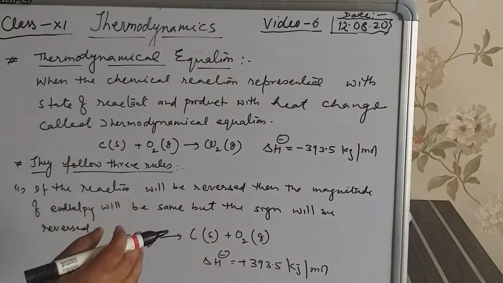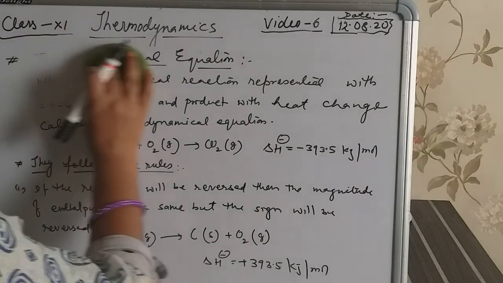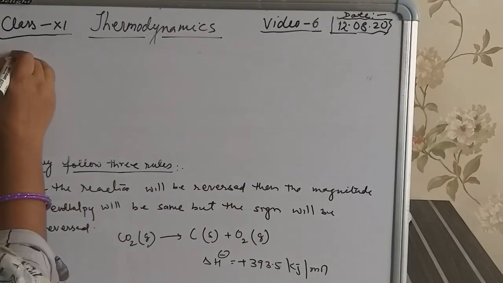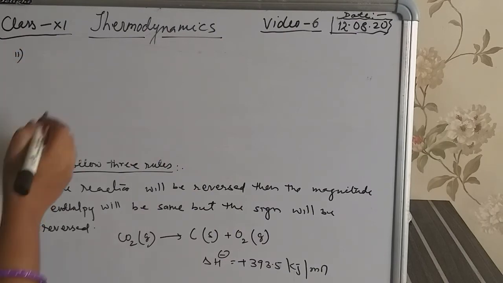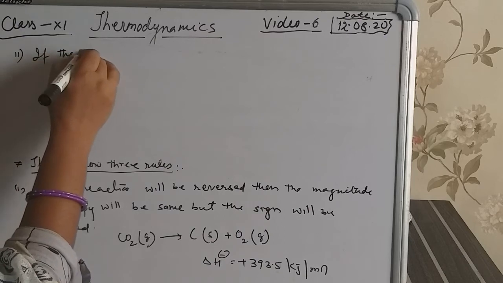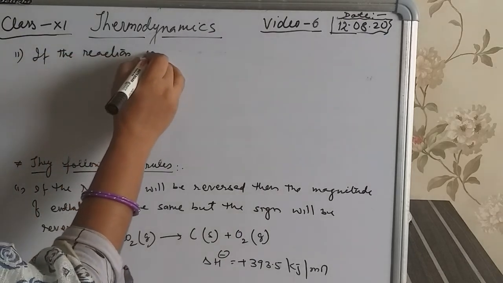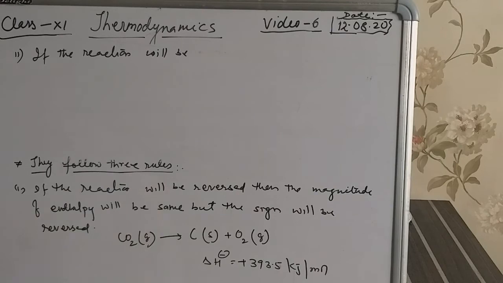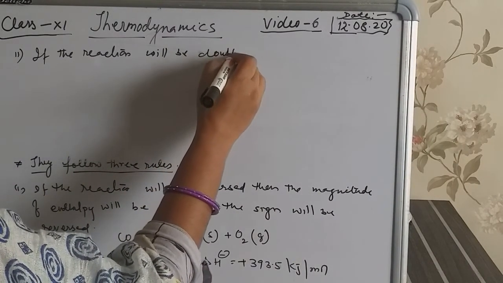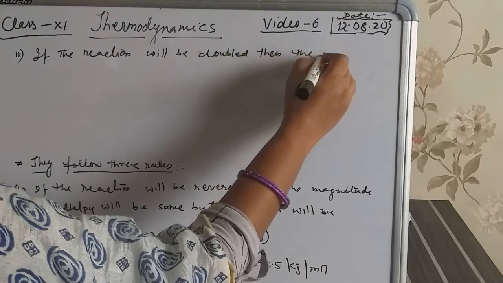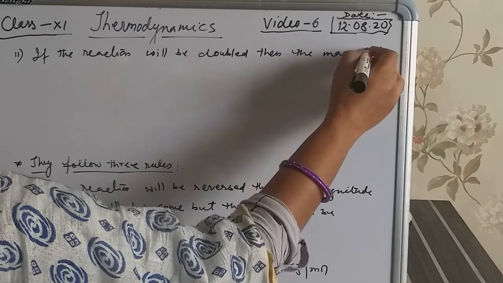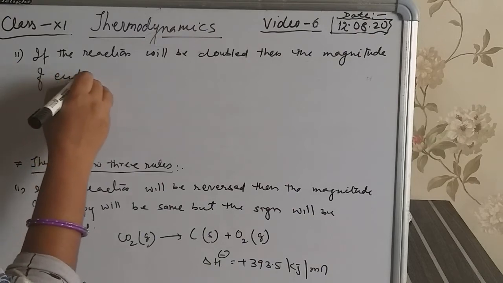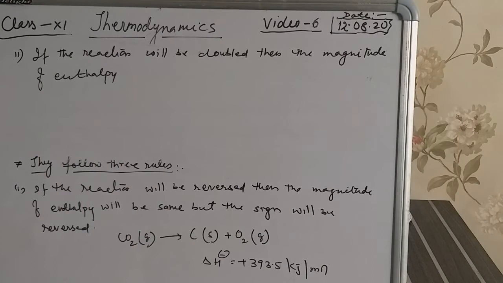Next, the second rule: if the reaction is doubled, then the magnitude of enthalpy will also be doubled.